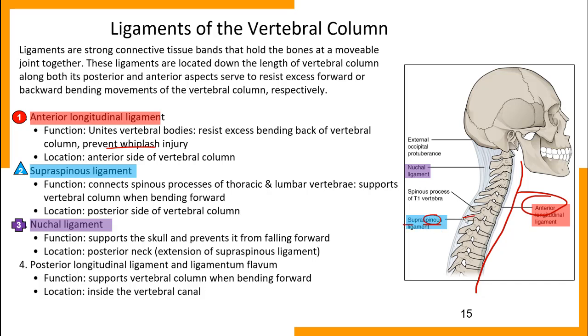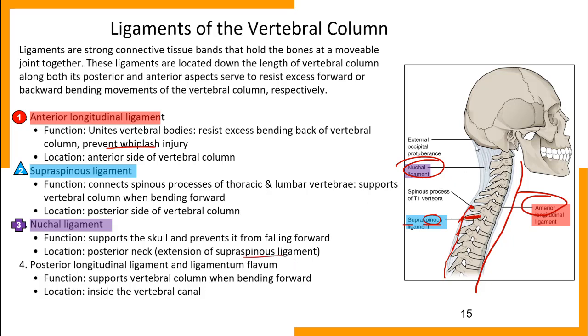Spinous refers to the spinous process, and so the supraspinous ligament connects spinous process to spinous process on the back end, the posterior side of the vertebral column. And in the neck region, the supraspinous ligament becomes the nuchal ligament, right? So the nuchal ligament is an extension of the supraspinous ligament.